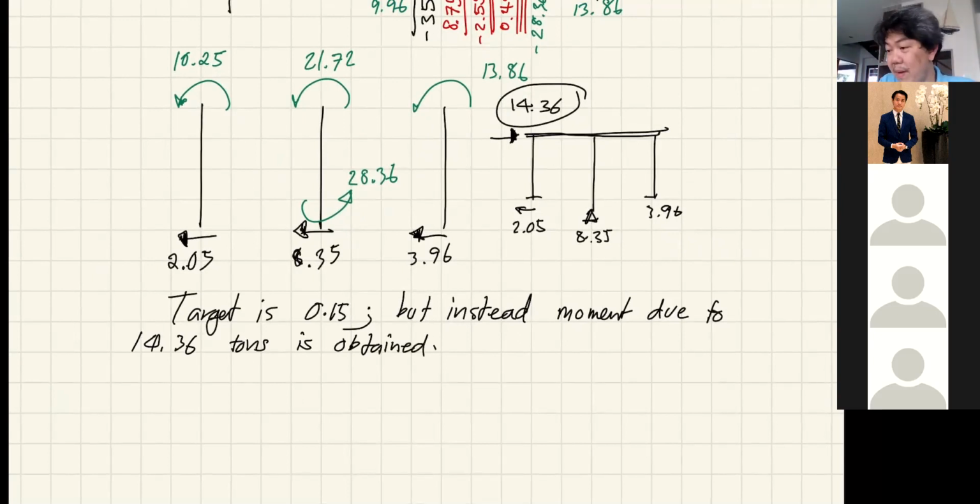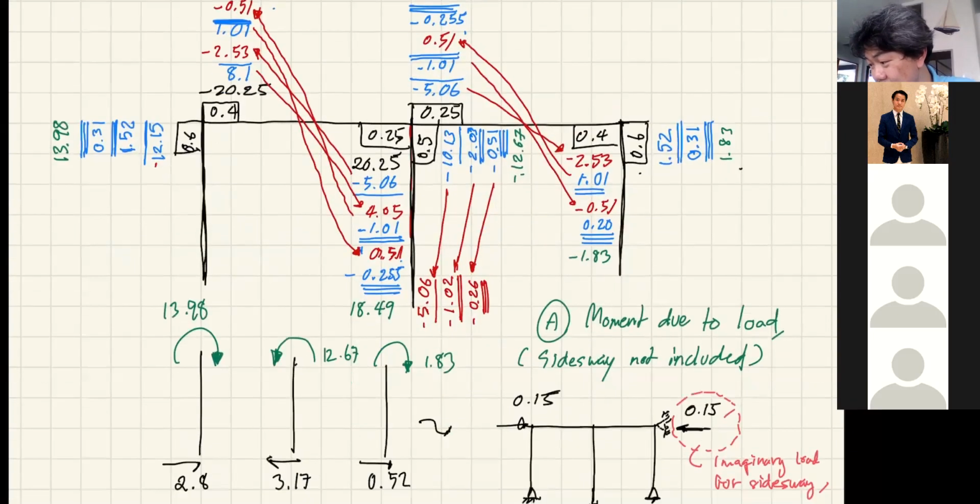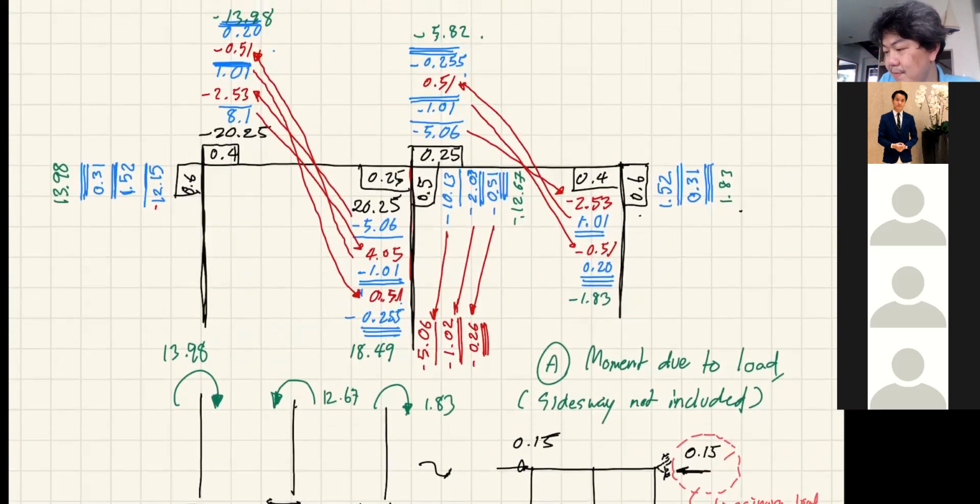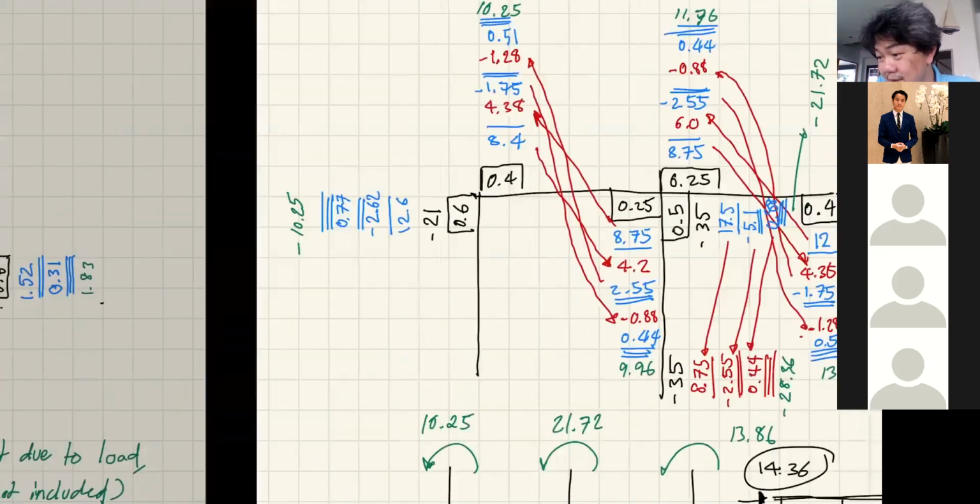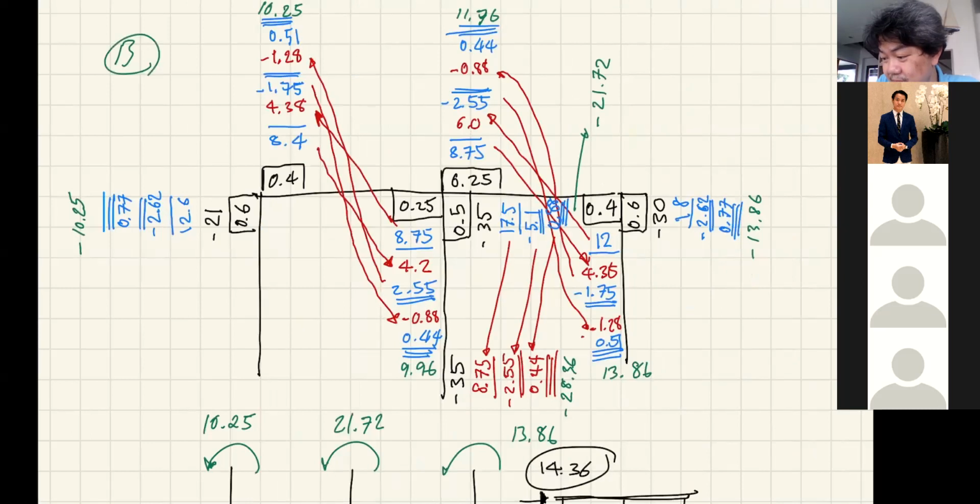So we need to go back and therefore, this is our step B, right? We call this A somewhere. Yeah, okay, A. So this is called B, due to sideway.